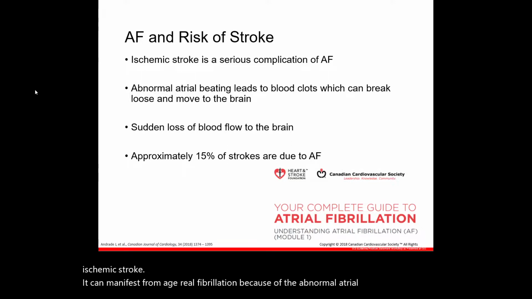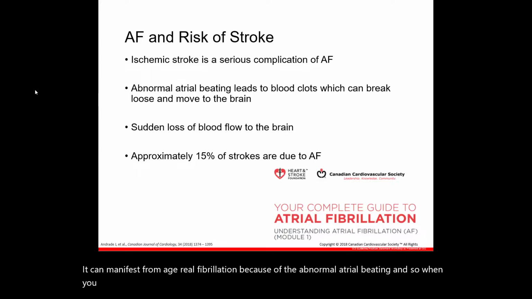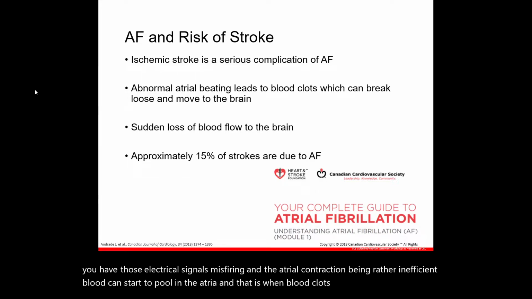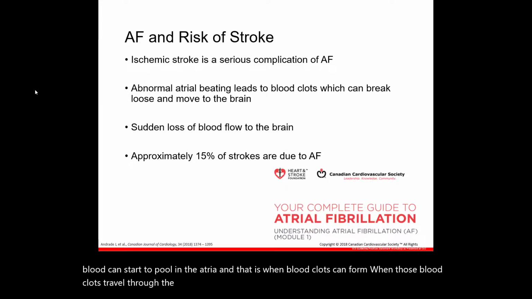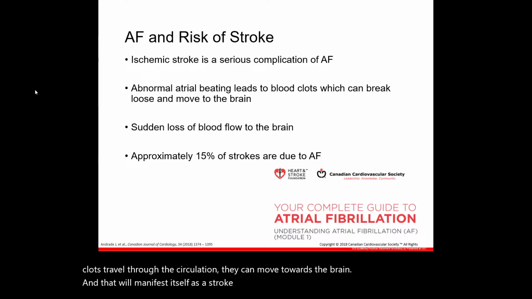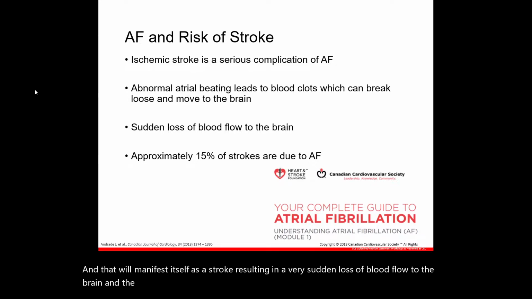When you have those electrical signals misfiring and the atrial contraction being rather inefficient, blood can start to pool in the atria, and that is when blood clots can form. When those blood clots travel through the circulation, they can move towards the brain, and that will manifest itself as a stroke, resulting in a very sudden loss of blood flow to the brain and the presence of an ischemic stroke.